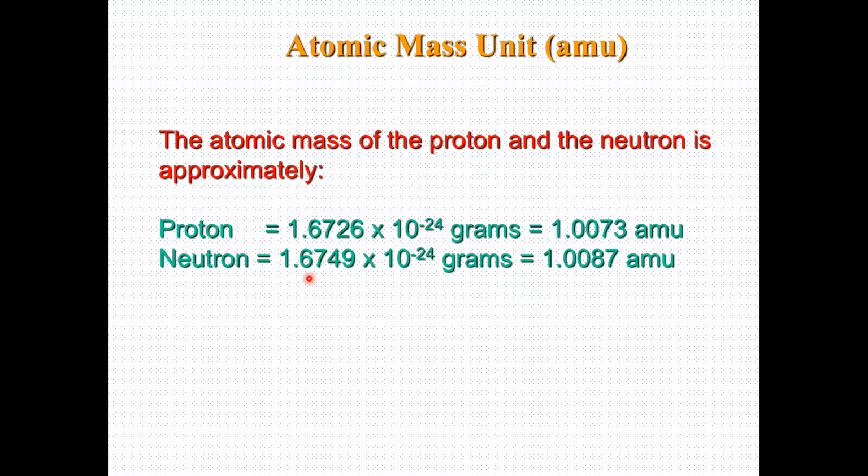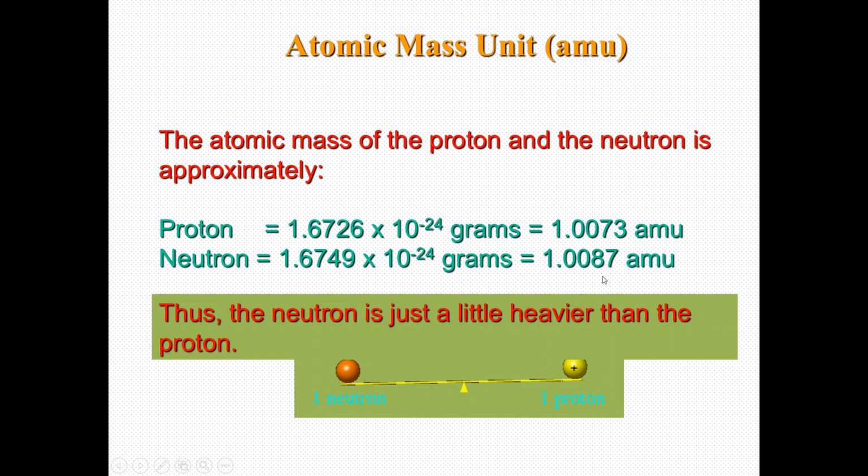Similarly, the mass of the neutron is 1.6749 × 10^-24 grams, which converted into AMU is equal to 1.0087 AMU.